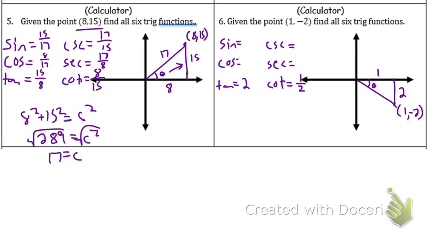And we do need to pay attention to what quadrant we're in. Cosine is the only thing positive in quadrant 4. So my tangent, sorry, should be -2 and -1 over 2.